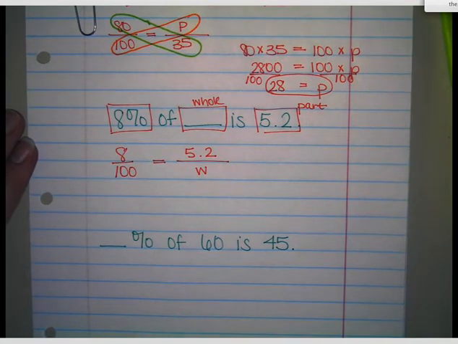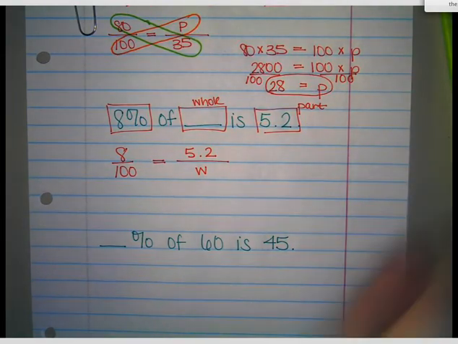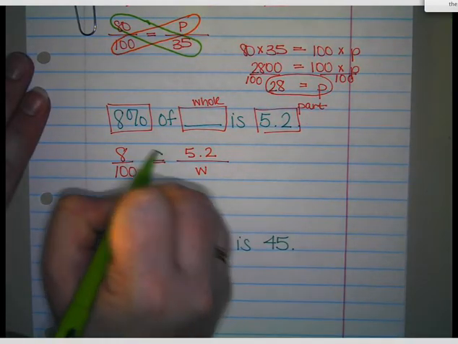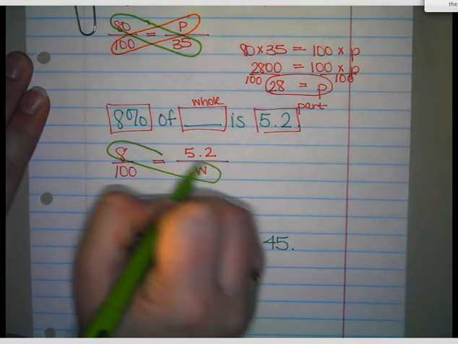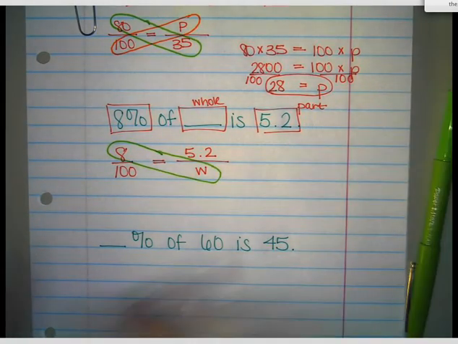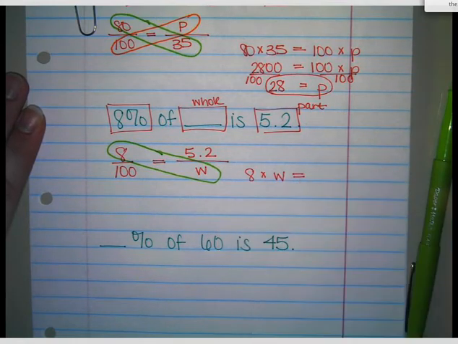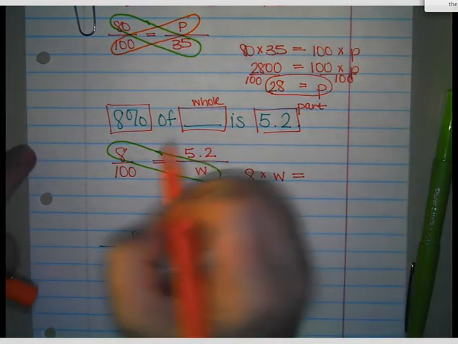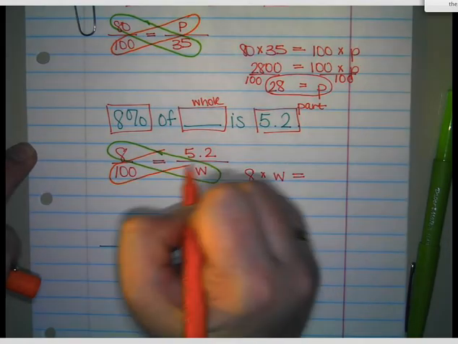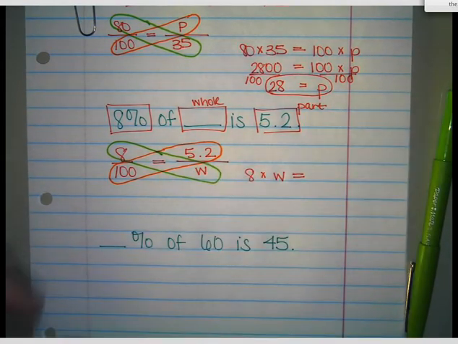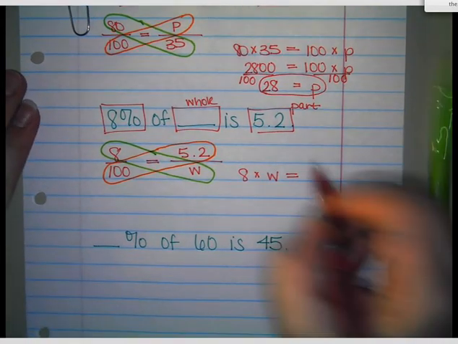There's not an easy way to get from 8 to 5.2, so I'm going to use my strategy called cross products. I'm going to take this diagonal, which is 8 times W, and write it down, 8 times W, then my equal sign, and I'm going to do the other diagonal, 100 times 5.2.